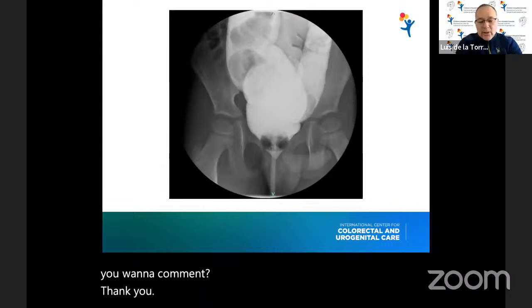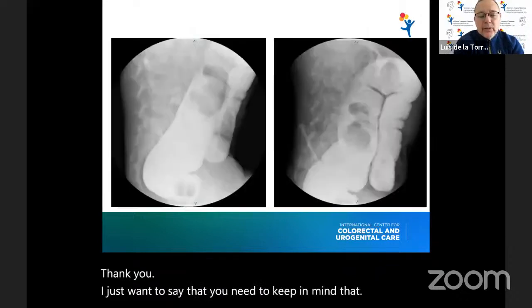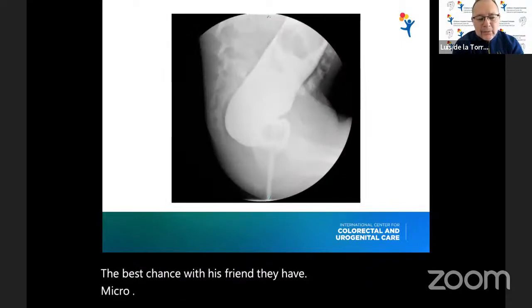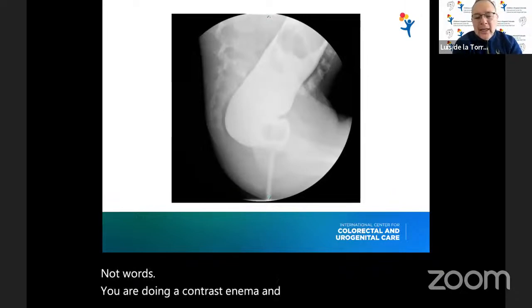I just want to say that you need to keep in mind that patients with Hirschsprung have a micro rectum, not a mega rectum. In other words, if you are doing a contrast enema and you see a dilated, enlarged rectum, it is not a Hirschsprung patient.